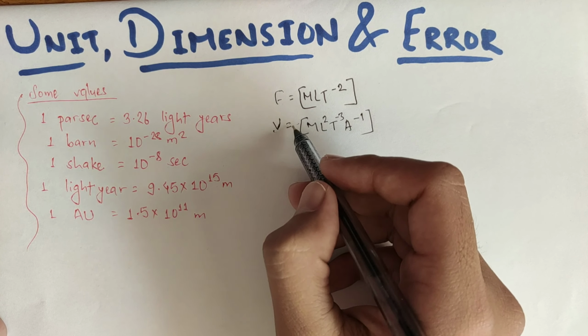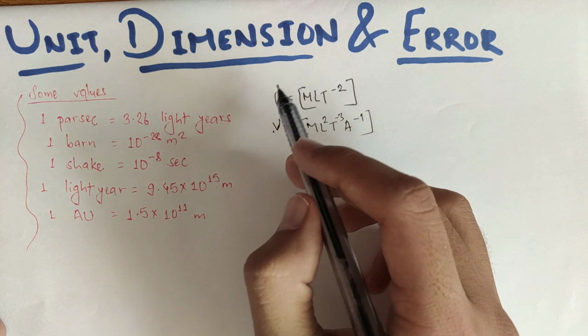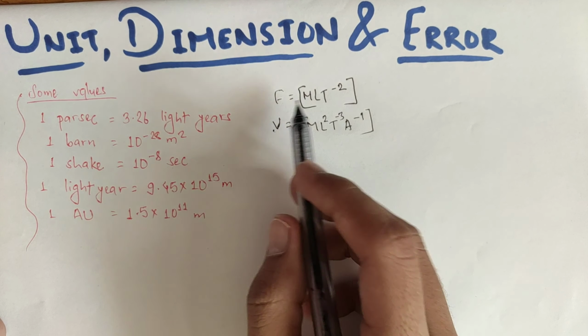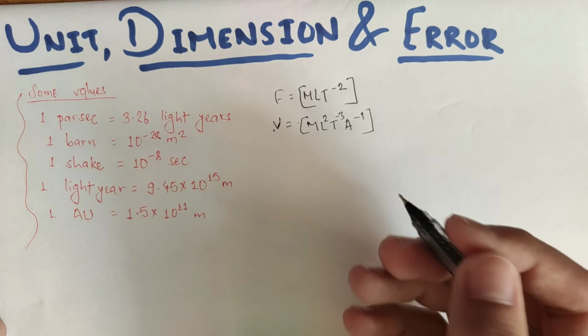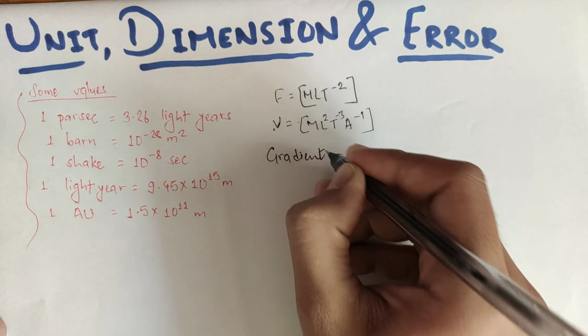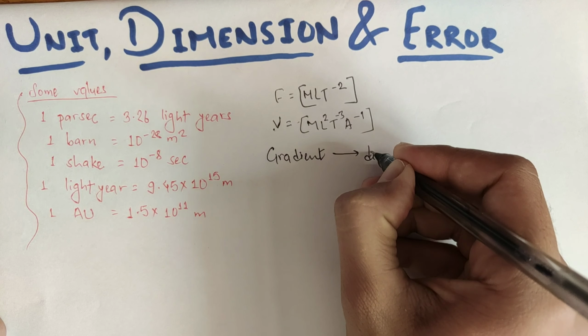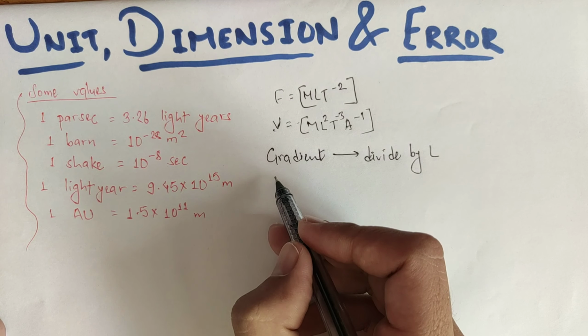You can find current and resistance from these using this relation, and others like pressure and energy by using the formula and putting in the dimension values. Now in case there is a gradient, it means divide by L in dimensions.